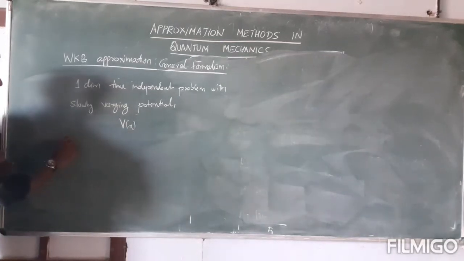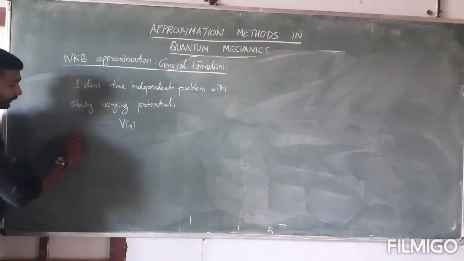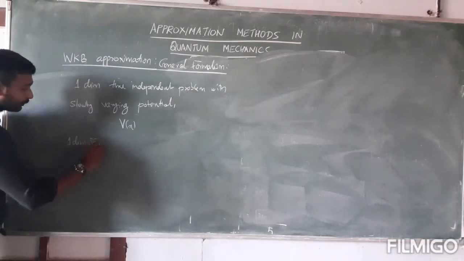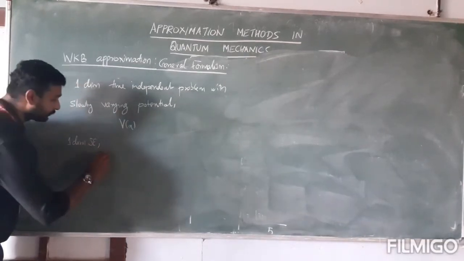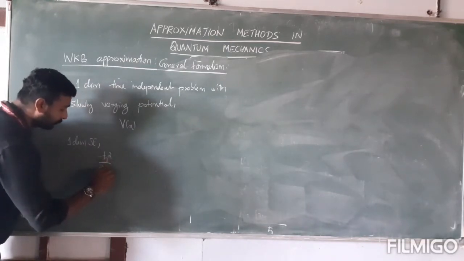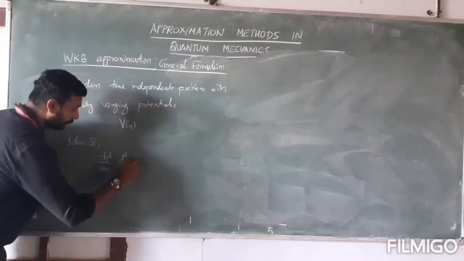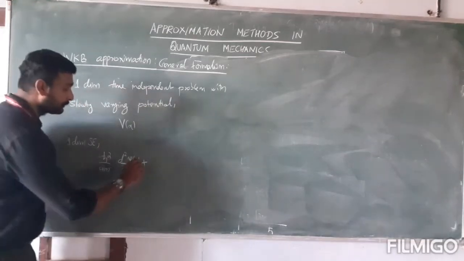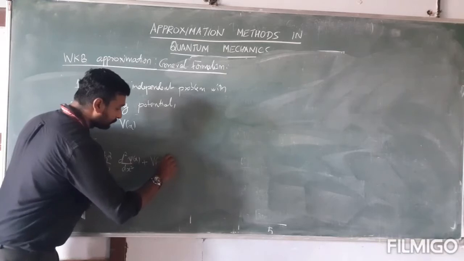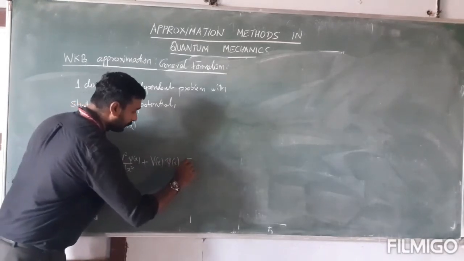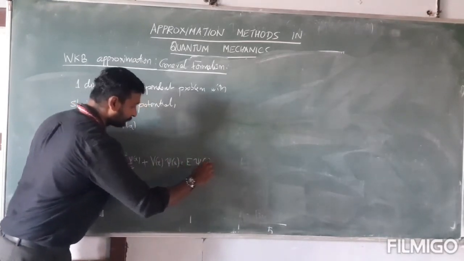So for that, you can recall our one-dimensional Schrodinger equation, which is given by minus h bar squared by 2m d squared psi by dx squared plus V of x psi of x equal to E times psi of x.